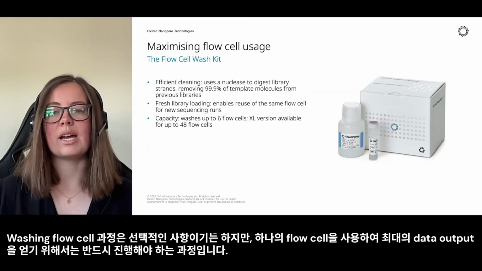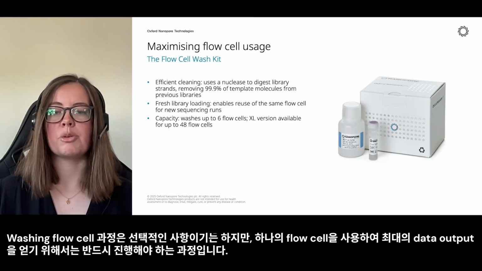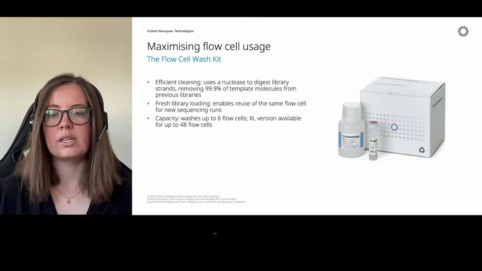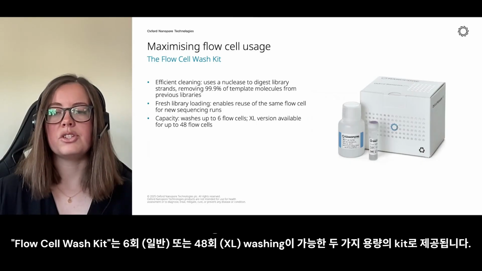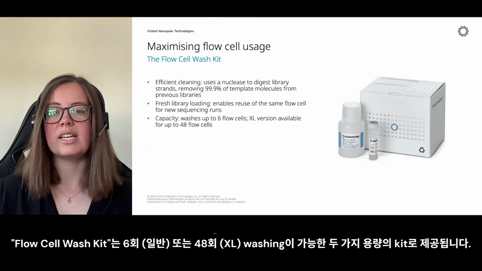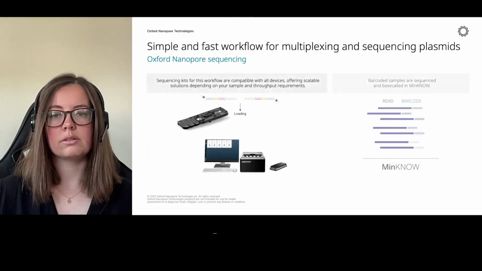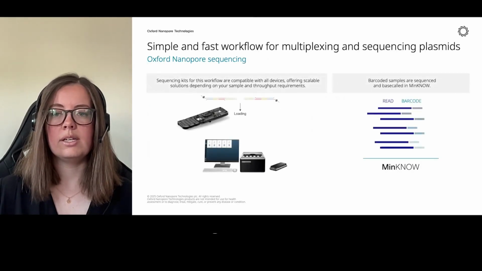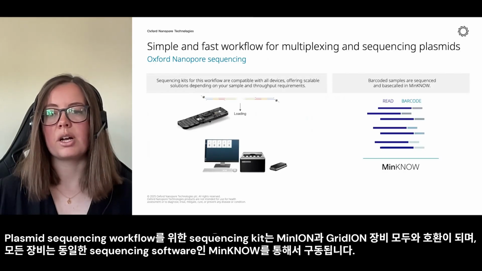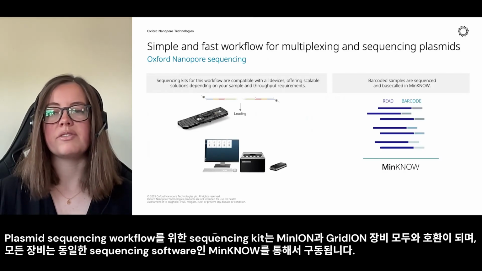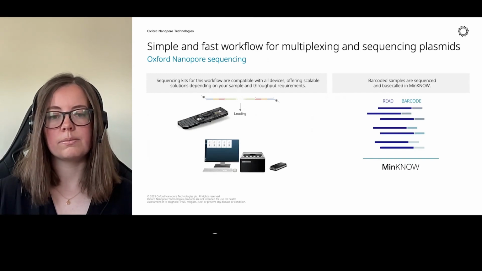This is an optional step, but is a simple way to maximize the throughput you get from a single flow cell. The flow cell wash kit comes in 2 sizes, enabling up to 6 or 48 washes. Sequencing kits for this workflow are compatible with both MinION and GridION devices, and all devices are run using the same sequencing software, which is what we'll talk through next.